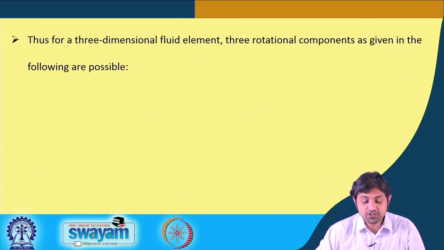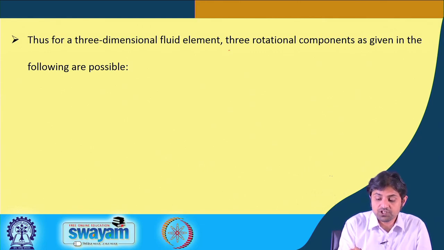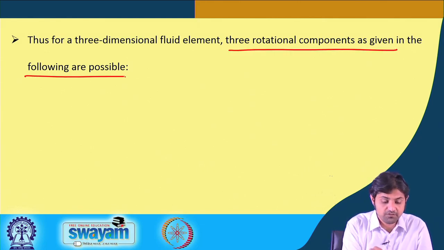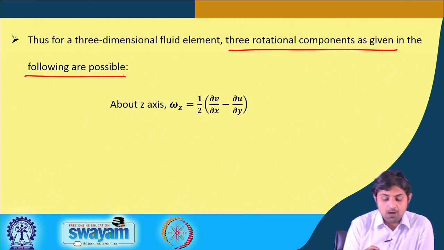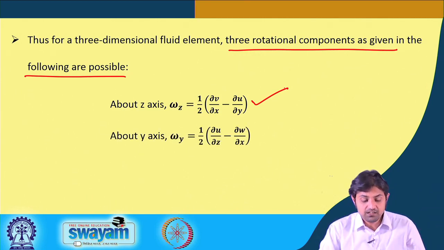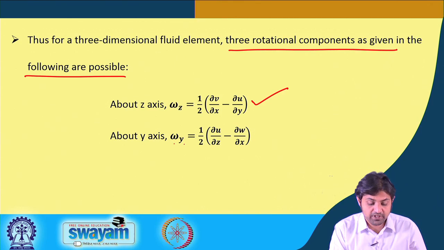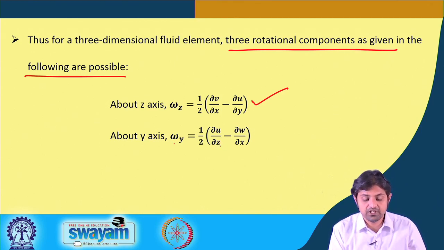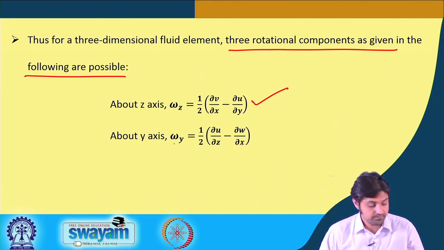Thus, for a 3-dimensional fluid element, 3 rotational components as given following are possible. About the z axis, the rotation is given as half of del v by del x minus del u by del y. Similarly, about the y axis, the rotation is given as omega y, half of del u by del z minus del w by del x.